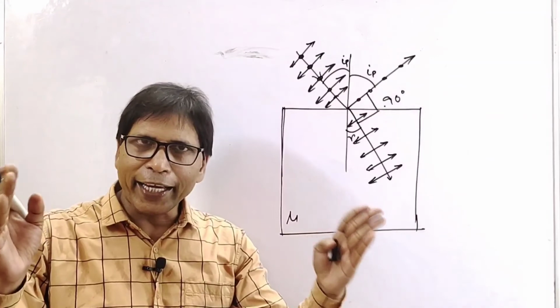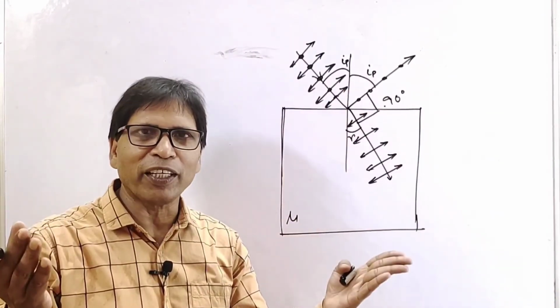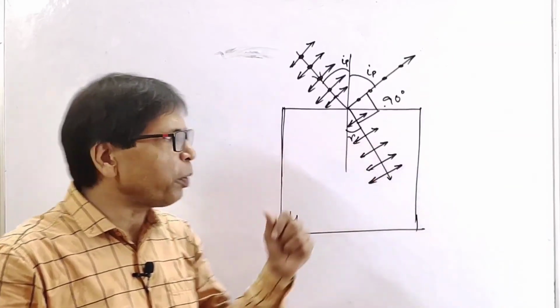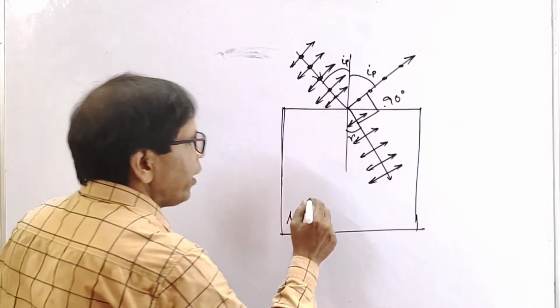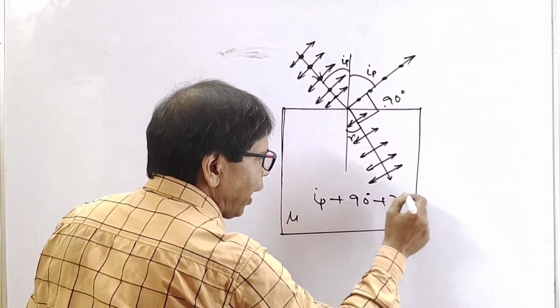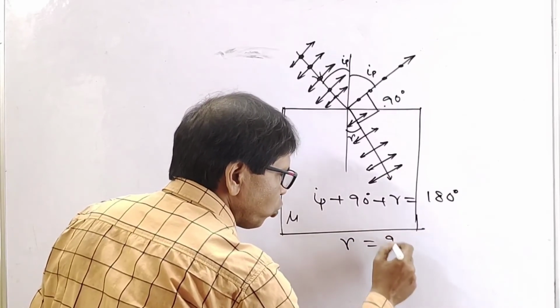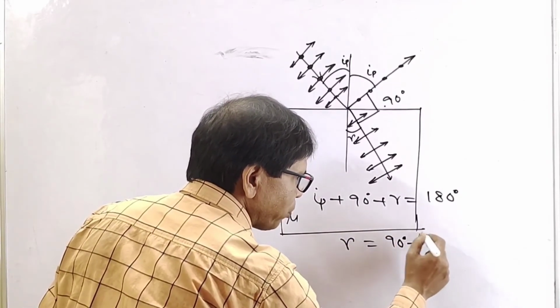Here IP is the angle of incidence, so the angle of reflection is also IP. If R is the angle of refraction, then IP plus 90 degrees plus R is 180 degrees. Therefore R equals 90 degrees minus IP.